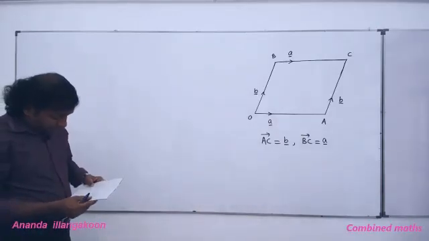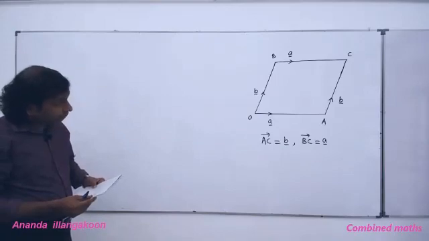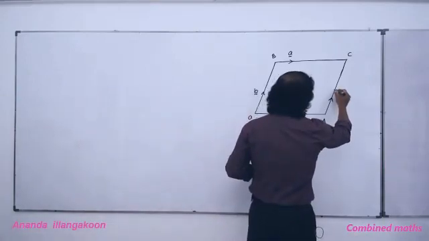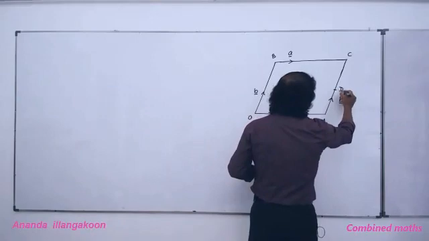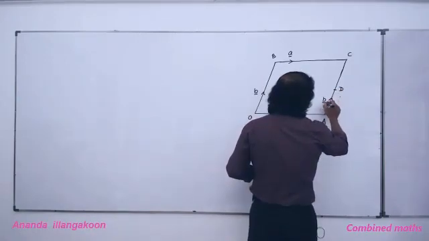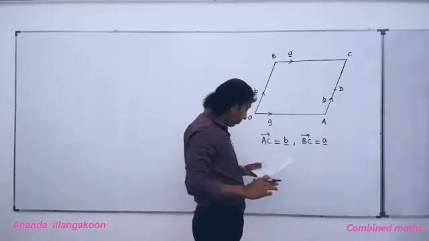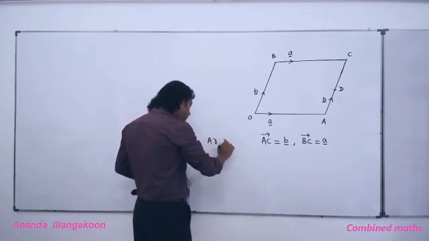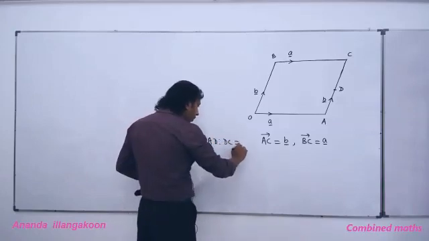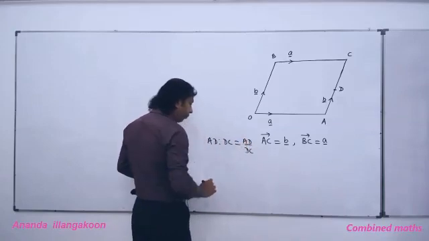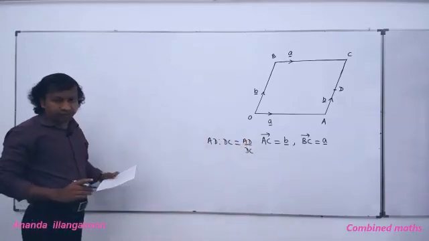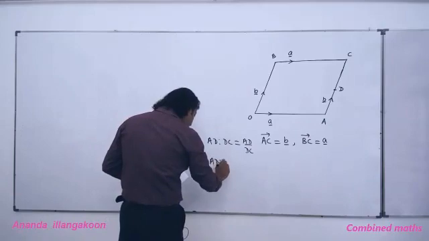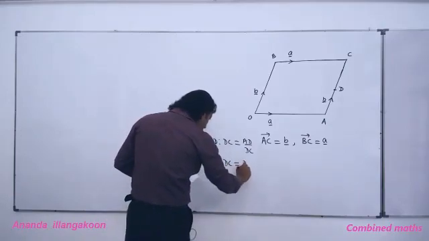Now next one. The point D is on AC. Somewhere here we will take point D. This is point D. Okay, I'll take it to be here. Point D is on AC such that the ratio AD is to DC. This means AD divided by DC. AD is to DC as a fraction we can write like this. Then it is given as AD:DC is equal to 3:2.